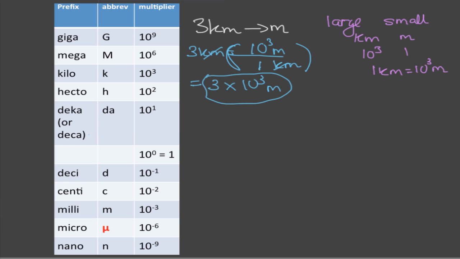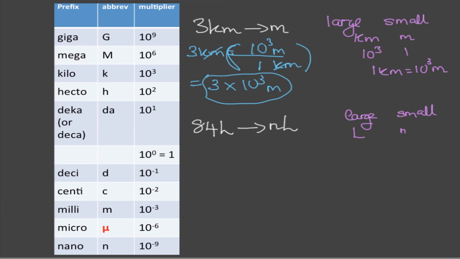Let's try another one. 84 liters. We are going to convert this to nanoliters. Again, large and small. Looking at the table, liters are large and nanos are small.